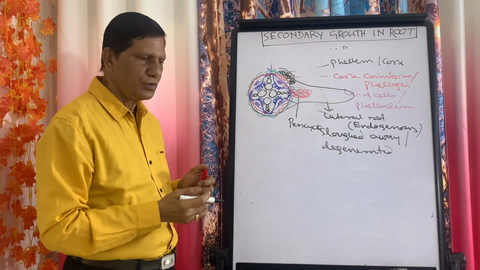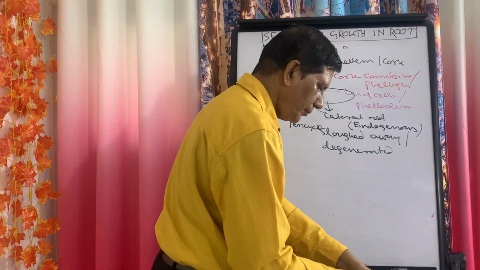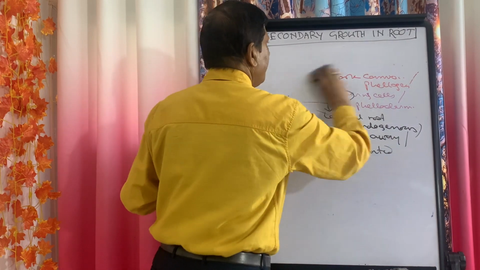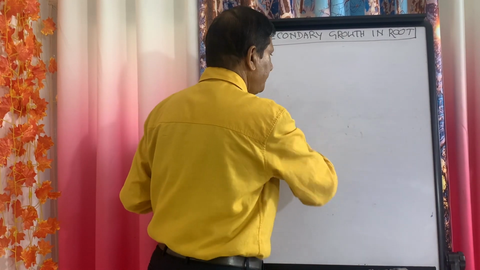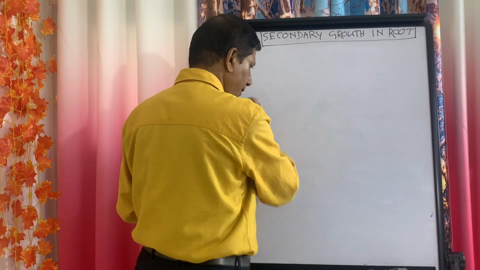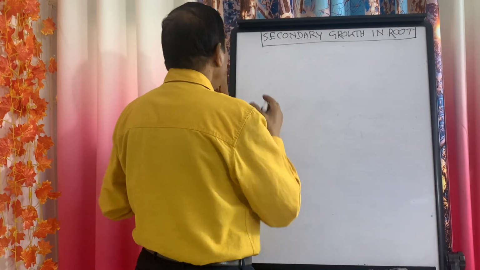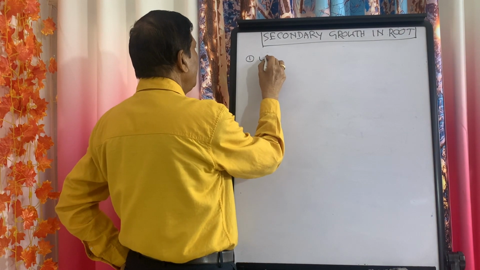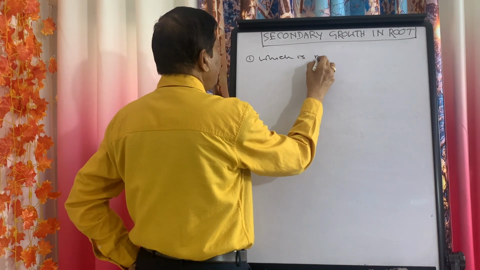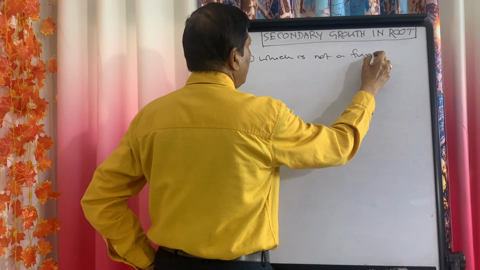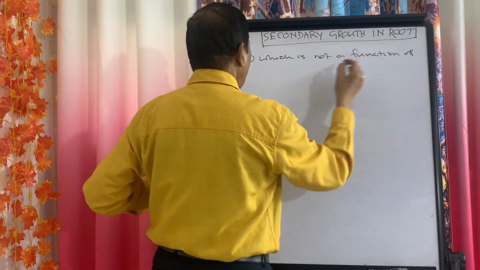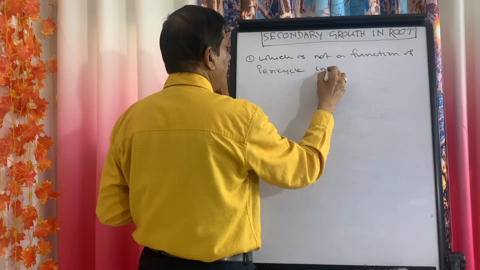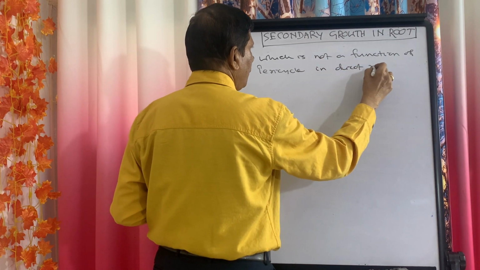Now let us discuss questions. One question: which is not a function of pericycle in dicot root?